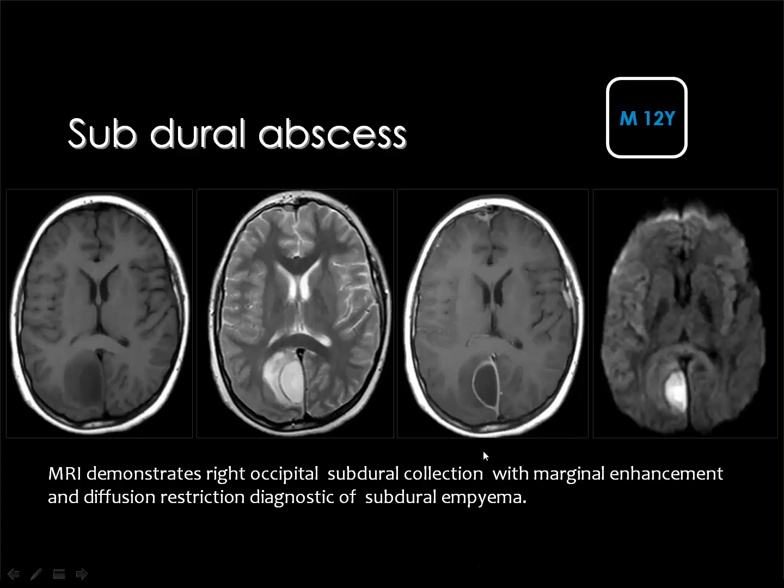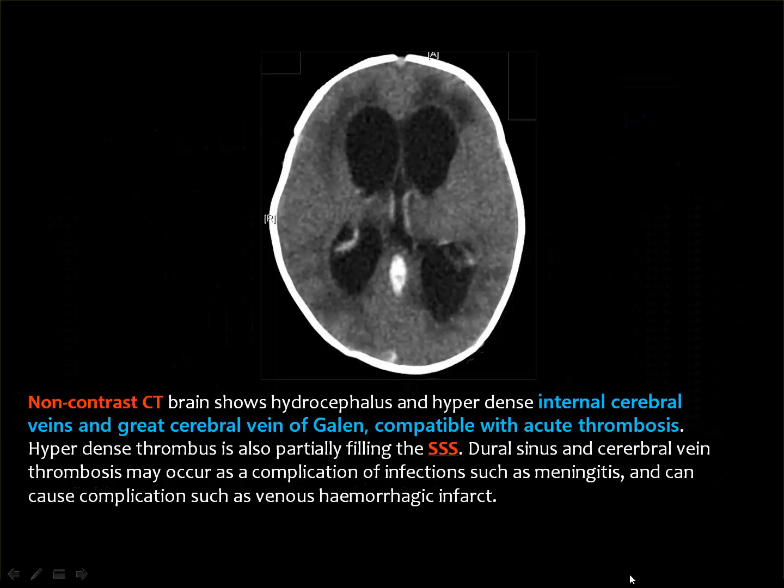An accumulation of pus in the falx or in the tentorium, as I have mentioned, considering the hemorrhage, should be in the subdural space. Then the lesion is of low signal in T1, high signal in T2, surrounded by edema, with marginal enhancement and diffusion restriction, which is very important for the diagnosis of abscesses.